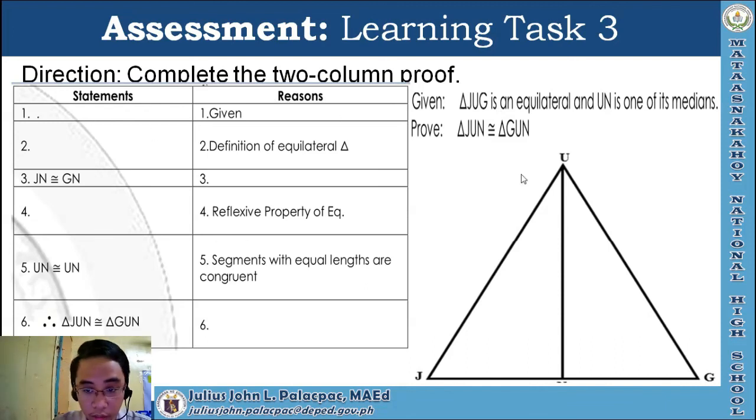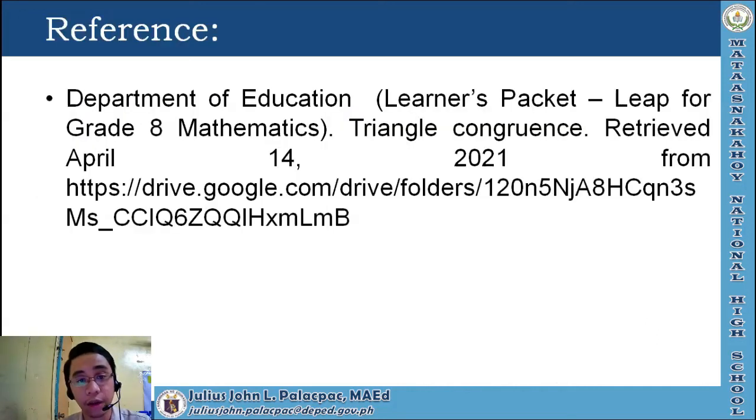Number 4, since UN ay median at yun ang common sa kanila, UN is equal to UN, reflexive property of equality, and we can say that UN is congruent to UN because segments with equal lengths are congruent. So we conclude that triangle JUN is congruent on triangle GUN, so side, side, side din naman kinuha natin, by SSS. Ito yung ating reference.